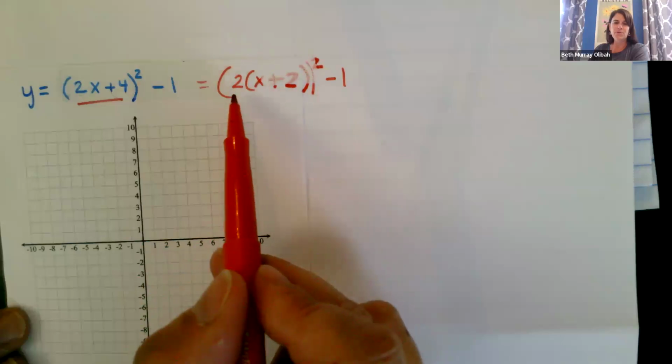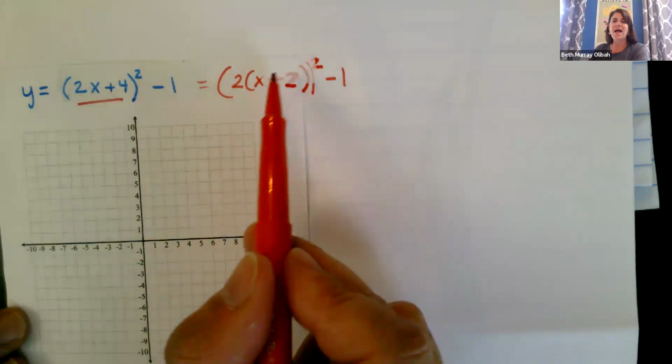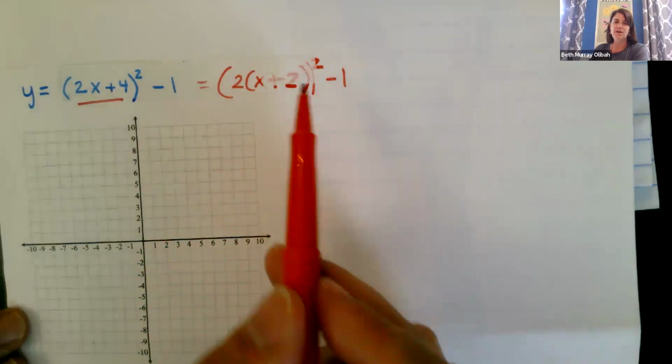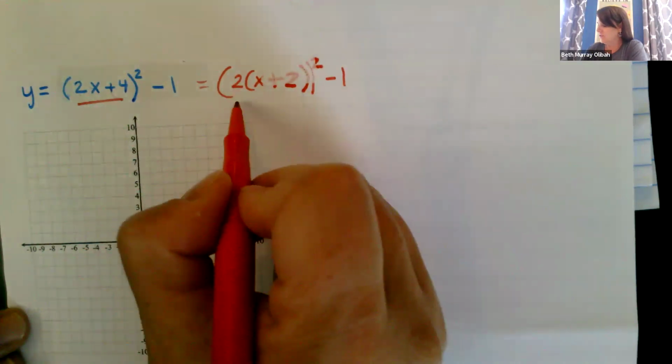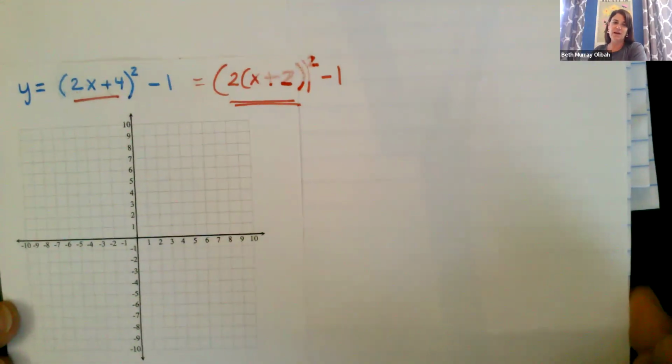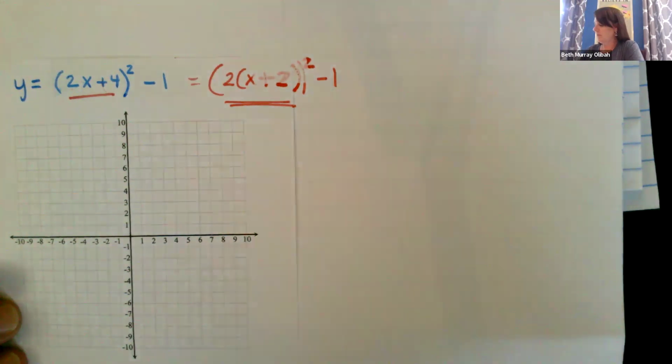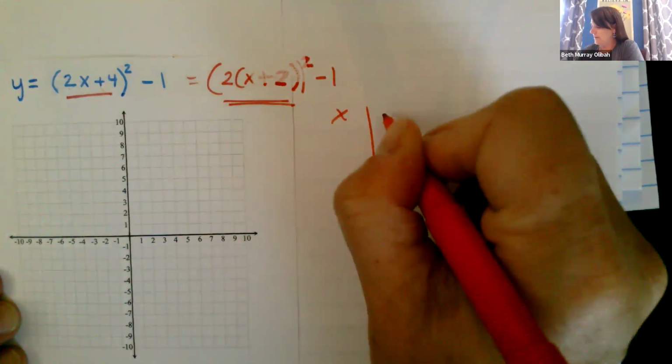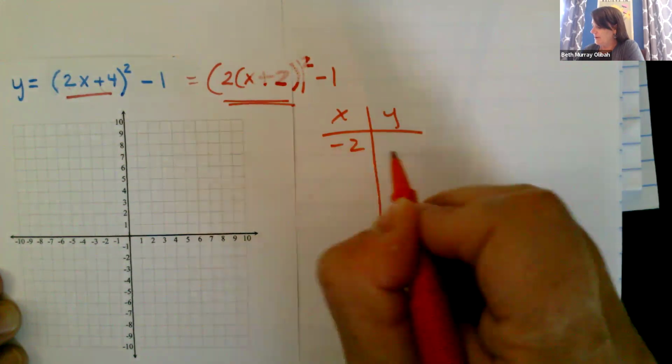Okay, so all I did was kind of rewrite this by pulling out that 2 so I could really see what's happening. I'm multiplying by a 2 in here, and I'm also adding a 2 inside here. So when I go deal with that, those are 2 shifts I need to do to the x, and I need to remember to do them the opposite way. So parent graph.